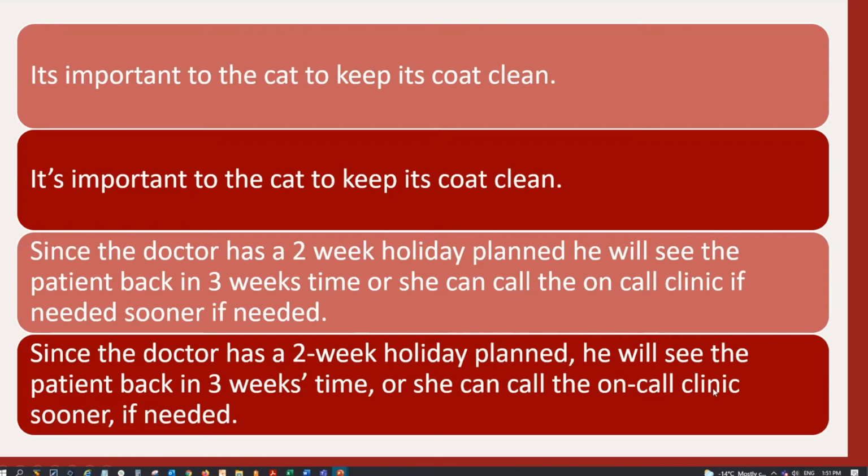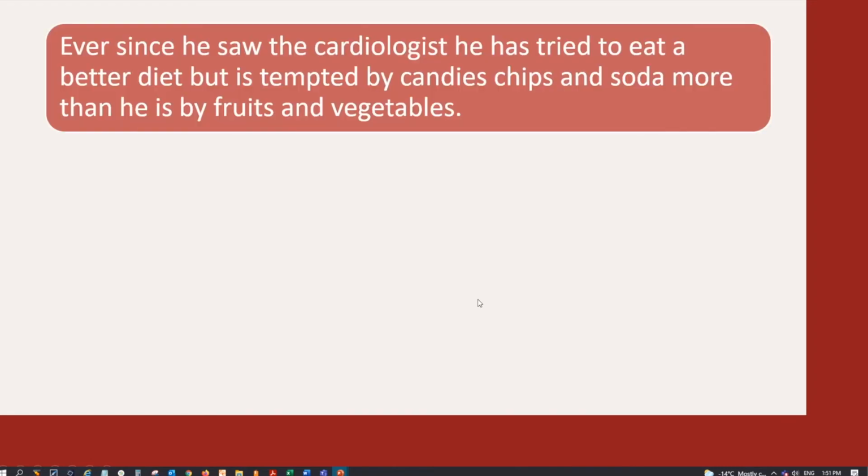So they're working together to modify clinic. And then if needed is added info. But to me, she can call the on-call clinic sooner if needed. She can call, if needed, I see. If needed, whoops, if needed should have been removed from that first example. It's in there twice. That's a typo we did not catch.